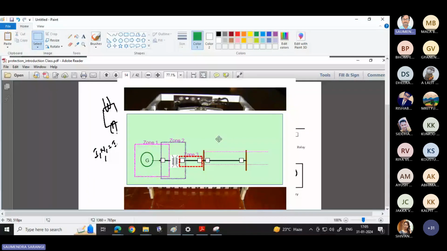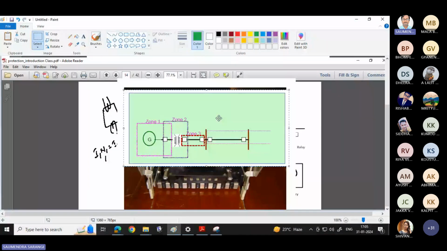If you observe here in this figure, this is a generator. Generator is having one zone. This is the transformer. The transformer is having one zone, and this is the short transmission line. This is also having a zone.